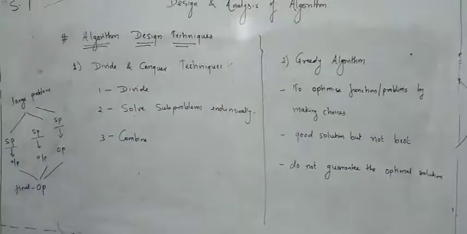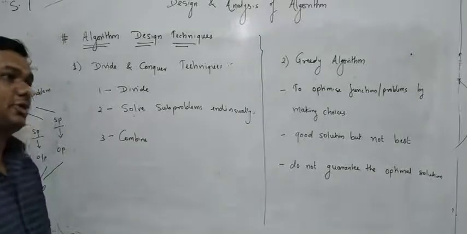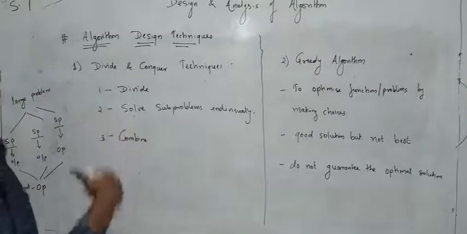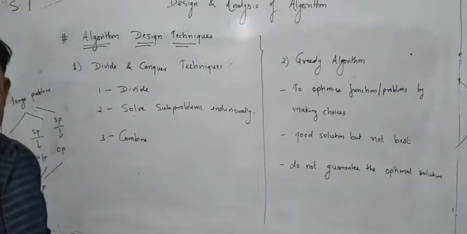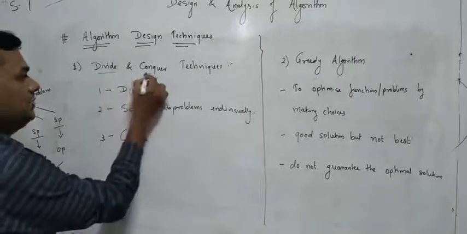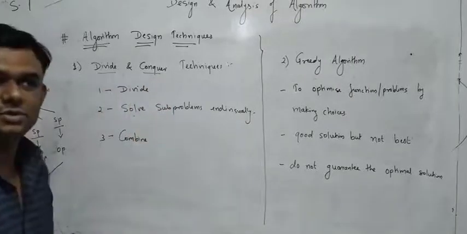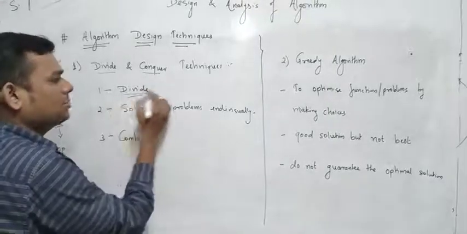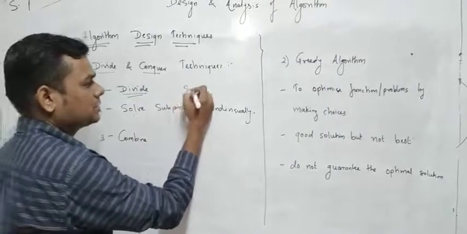It will always be executed on a large or bulk problem. So what we have to perform in that divide and conquer algorithm? We perform it using 3 steps. First, we divide the large problem into sub problems.